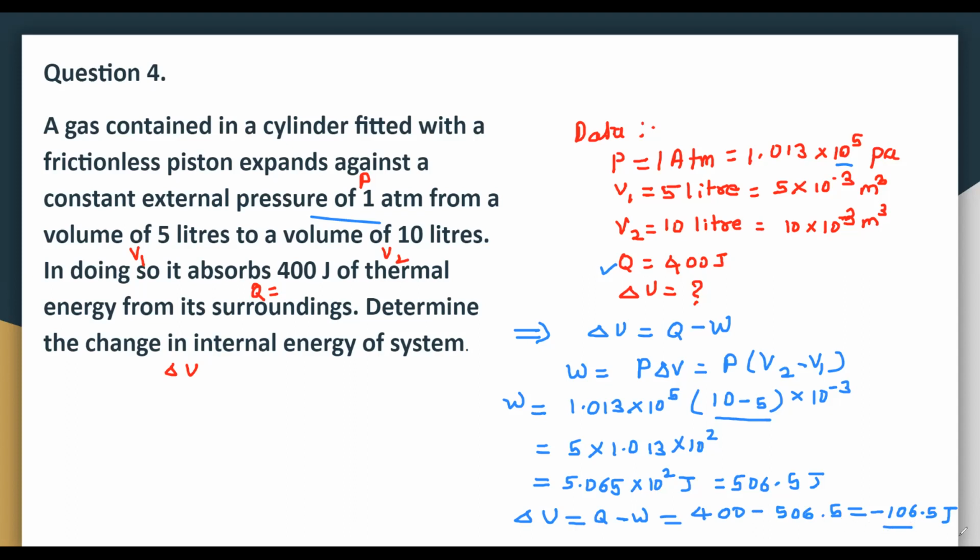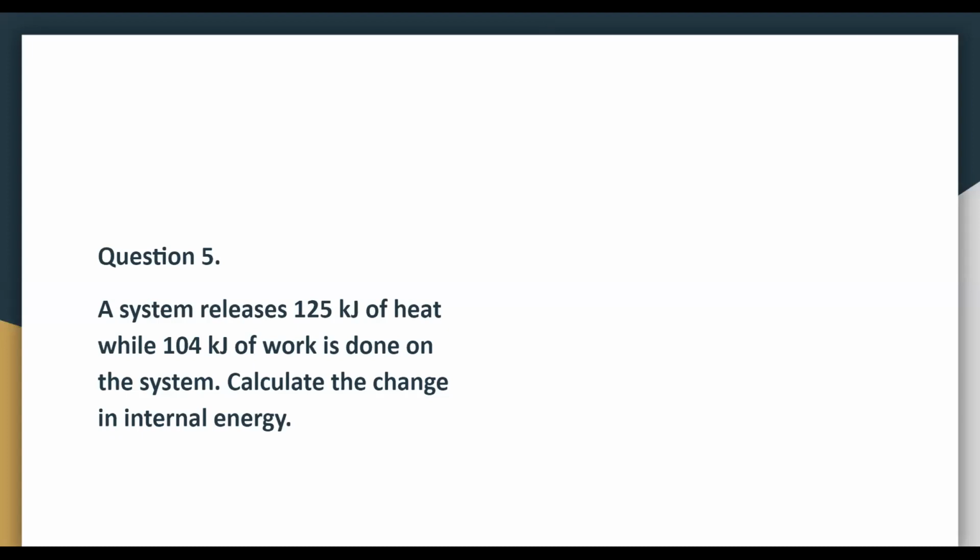Now let's move to next question. That is question number 5. A system releases 125 kilojoule of heat while 104 kilojoule of work is done on the system.